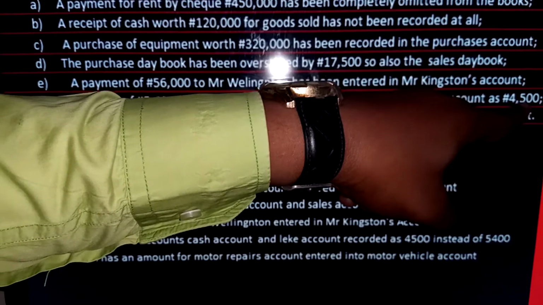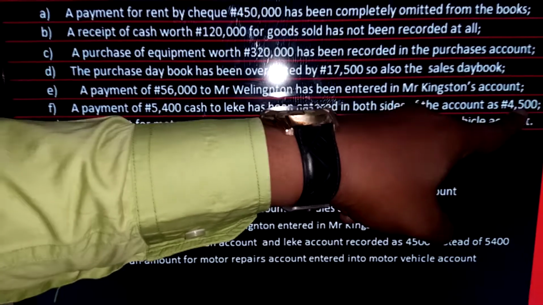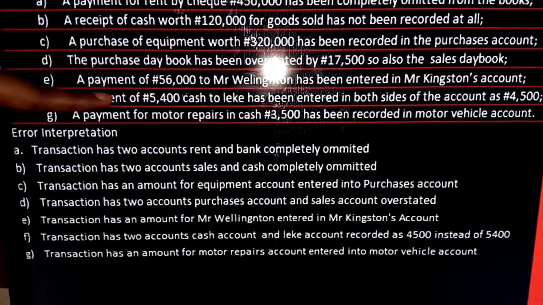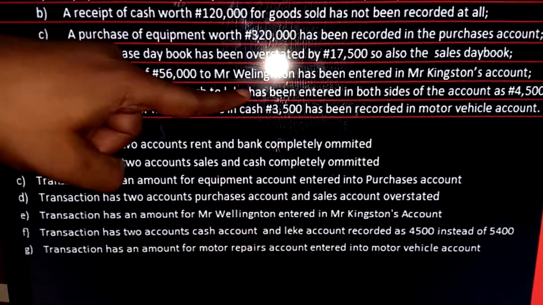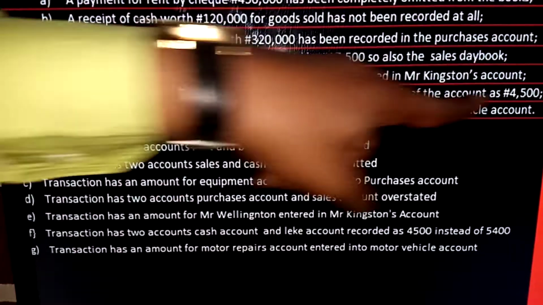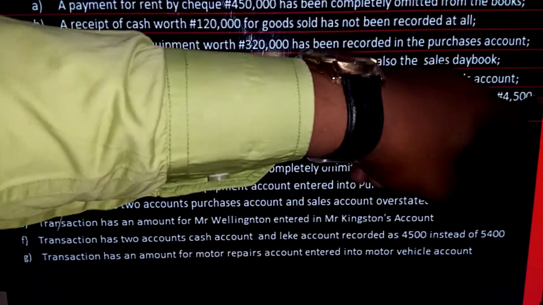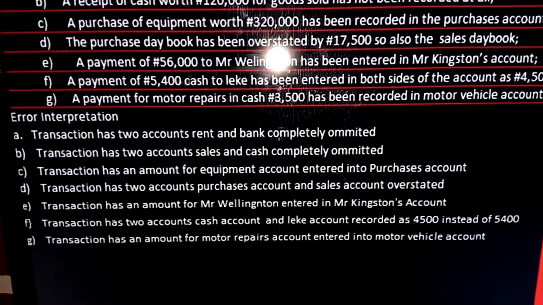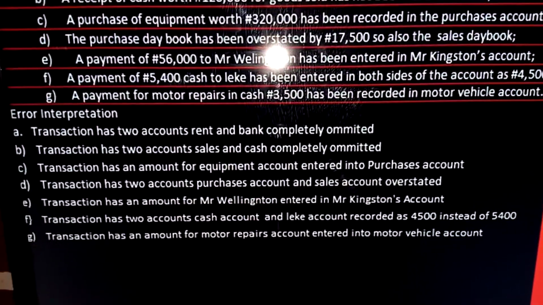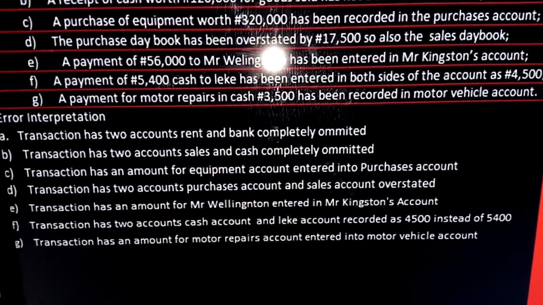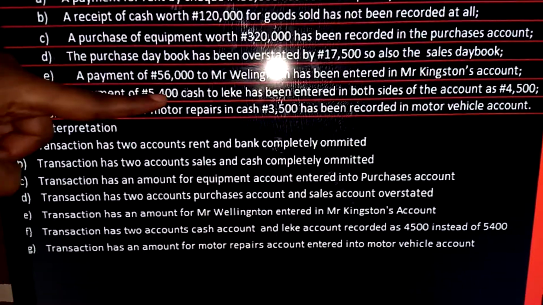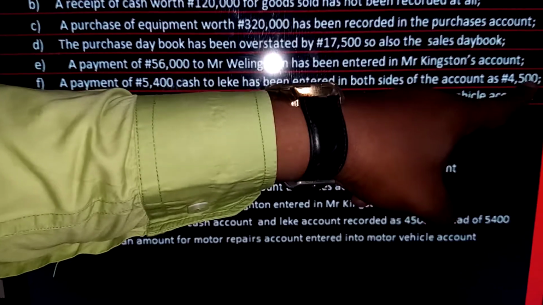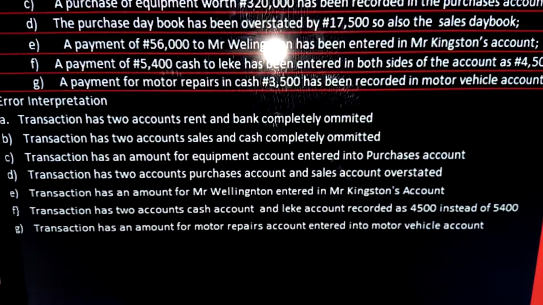If you recall, that's error of original entry or incorrect value. The accounts involved are cash and Lekki, which ought to be 5,400, but they've entered 4,500. So in a nutshell, they've entered a lesser amount. So we have to add the shortage. If you're supposed to enter 5,400 and you entered 4,500, the difference is how much? 900.